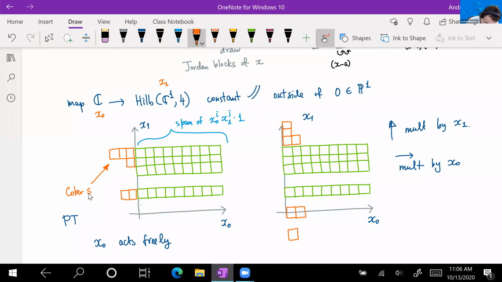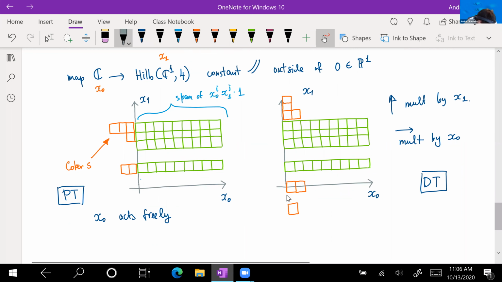And now this would be the DT-PT type of picture, and here's the DT type of picture, where this box here is actually part of the DT too. So in the DT picture, the singularities come from, so now x0 need not act freely. The singularities come from the torsion of multiplication by x0. These are the things that really support the origin.